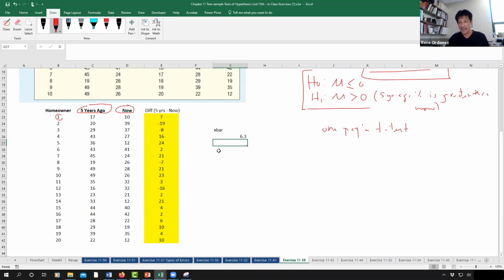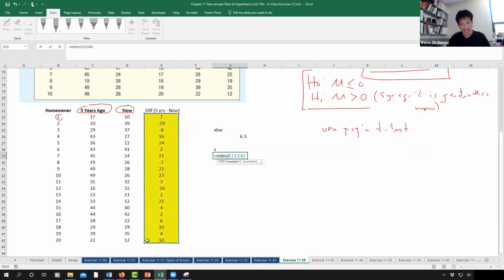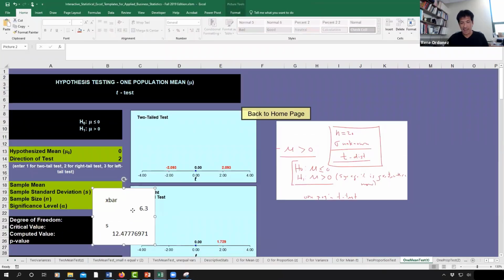And then the standard deviation, S, we will compute as equals STDEV and highlight the data set. Okay, so these are the two numbers that we will be using in this template.